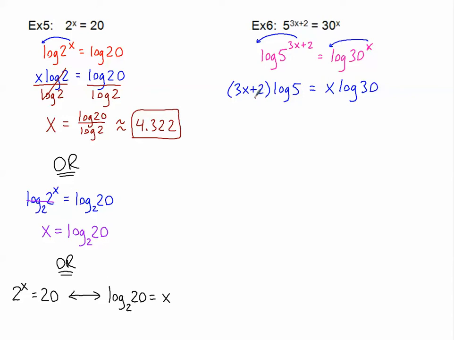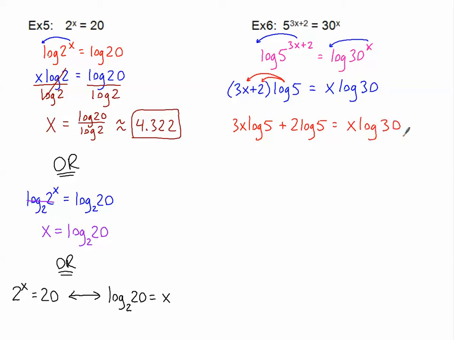The x's are now just regular terms that I can solve algebraically. I do have a set of parentheses that need to be unlocked, so I'm going to distribute this number. I don't know what the log of 5 is, but it is just a number. So I'll do 3x times the log of 5, plus 2 times the log of 5. I'm just distributing. And that's equal to this x log of 30.